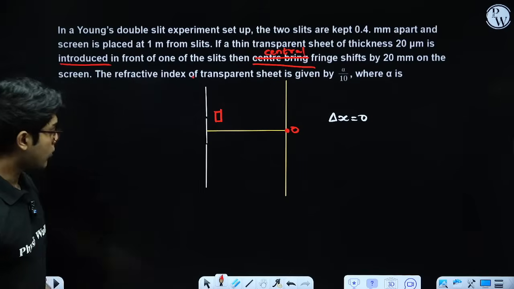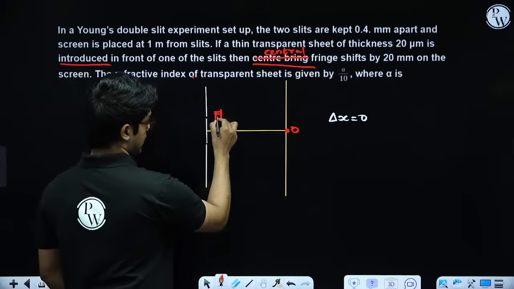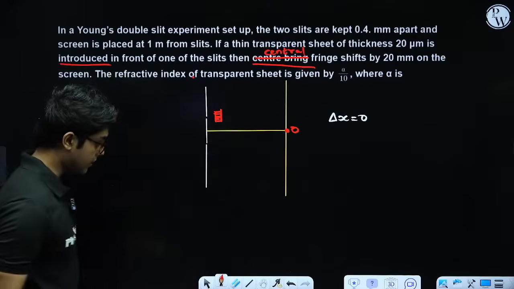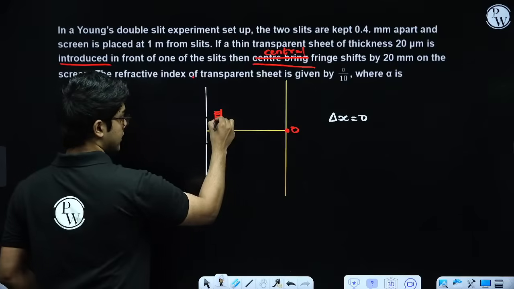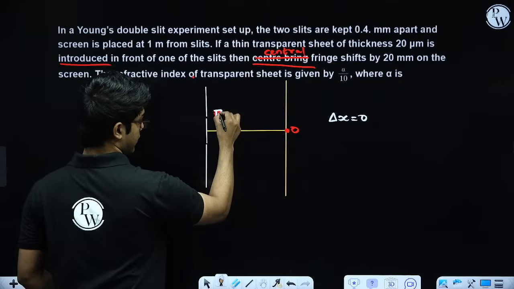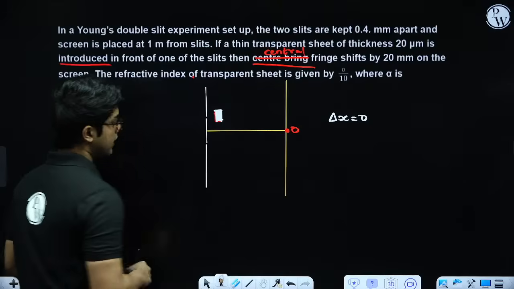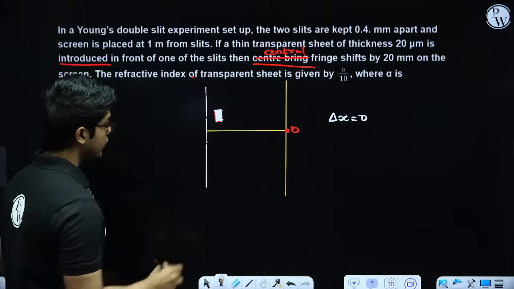So now what will happen is, because of this glass slab, an extra path difference will be introduced for the light wave traveling from here. So you can think of it like this.